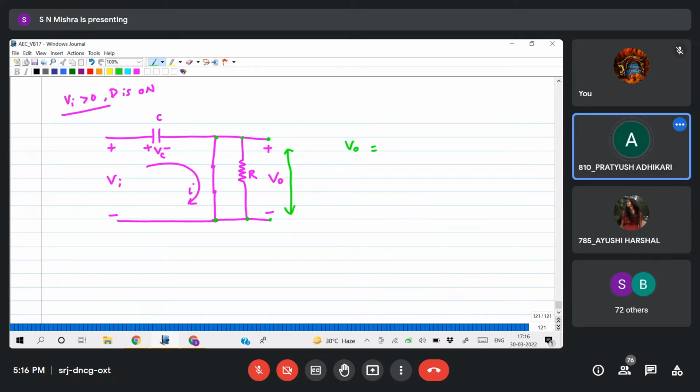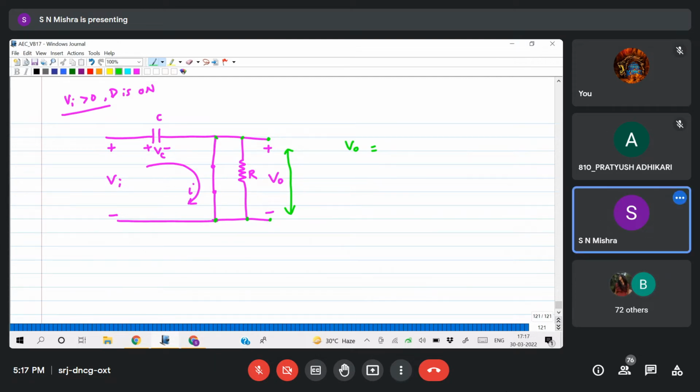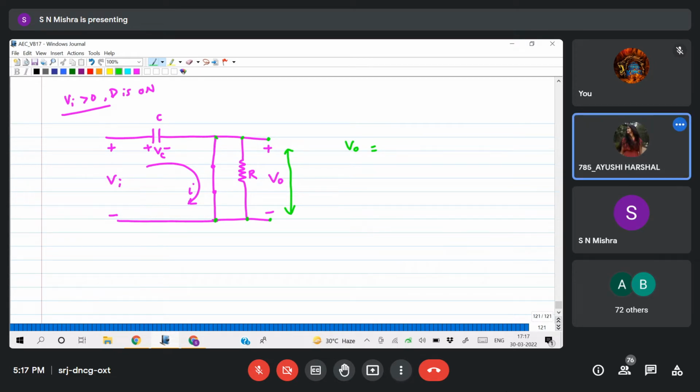Vi, IR, Vc. Look carefully. Vi minus Vc. Anyone else? Look carefully and tell.